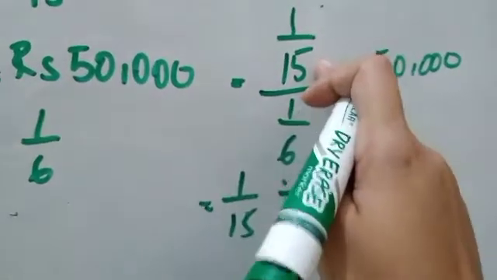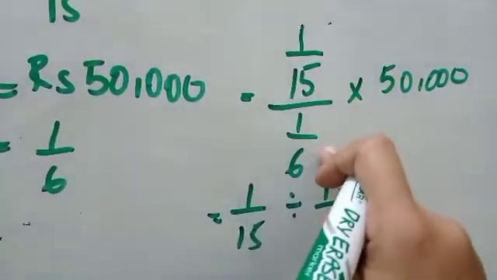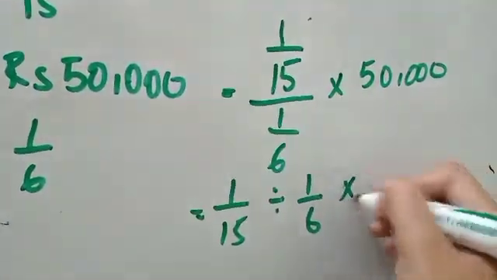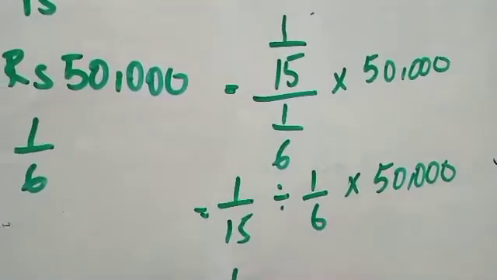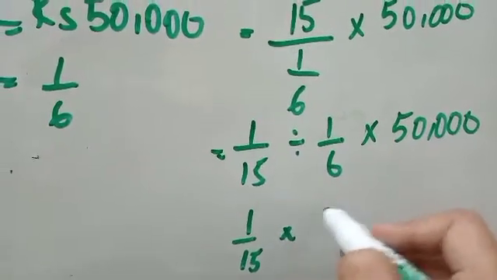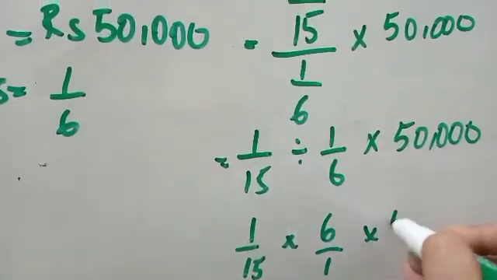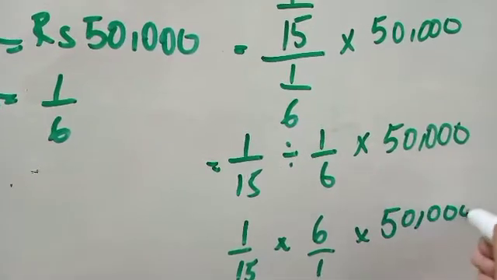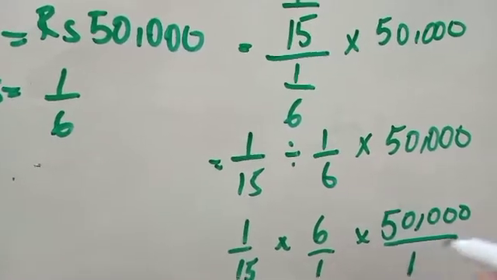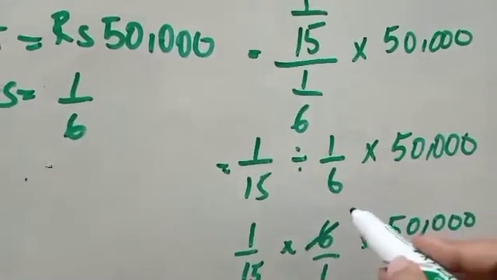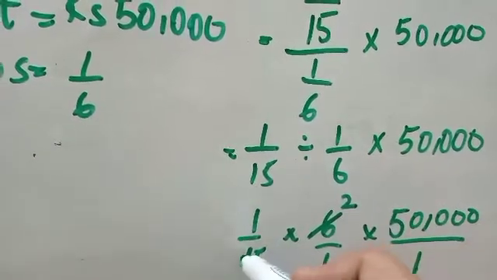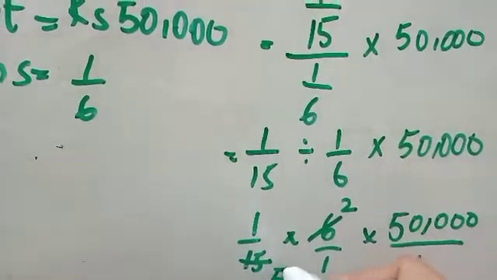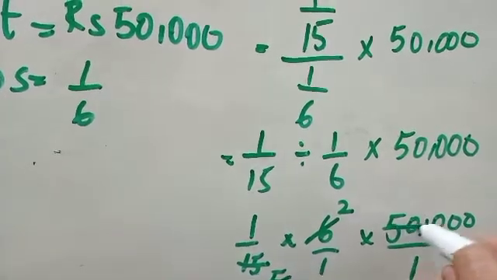So 1 upon 15 divided by 1 upon 6, multiplied by 50,000. 1 upon 15 multiplied by, again reciprocal, multiplied by 50,000, and in the denominator it also has 1. 6, I will reduce it with the 3 times table now. 3 2s are 6 and 3 5s are 15. 5 1s are 5.